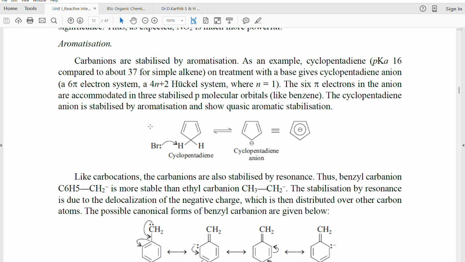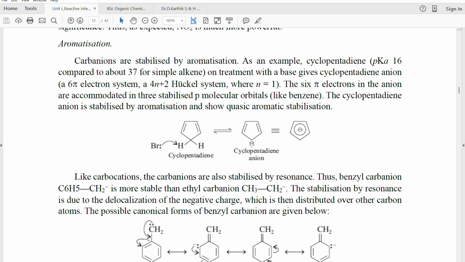That has a total of 6 pi electrons in one ring, so it is an aromatic compound. Similarly, here we have cyclopentadiene, a 5-membered ring with 2 pi bonds, which means a total of 4 pi electrons. If you remove one proton, since this CH2 is not in conjugation, it produces a carbanion on this carbon.